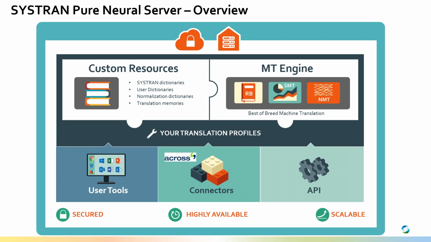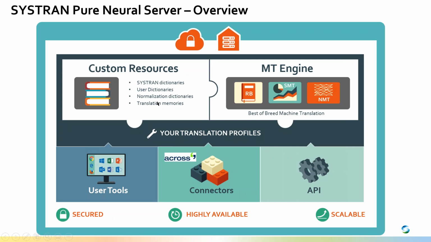This engine is combined with customer-specific linguistic resources, namely user dictionaries. Basically, it's term bases from the customer, reflecting the jargon and the terminology to be used in the documentation.